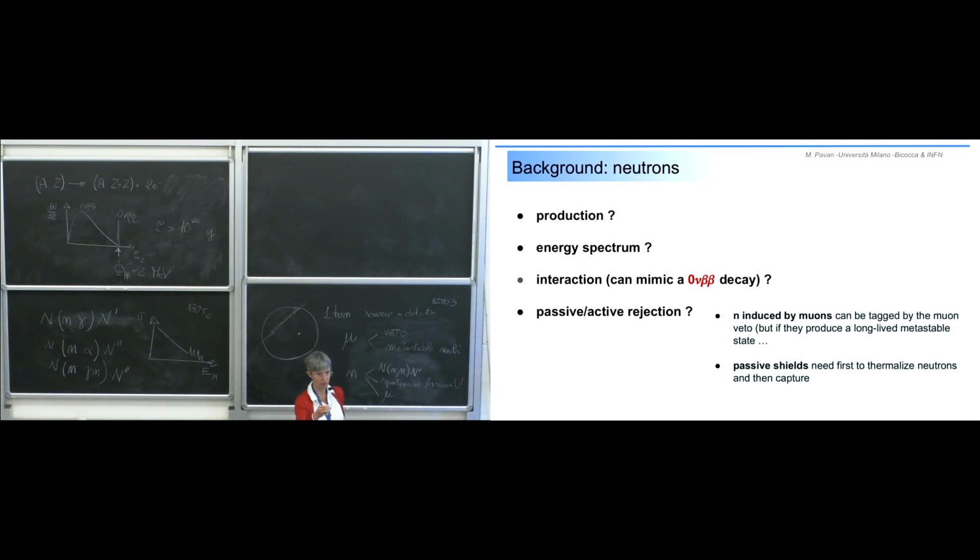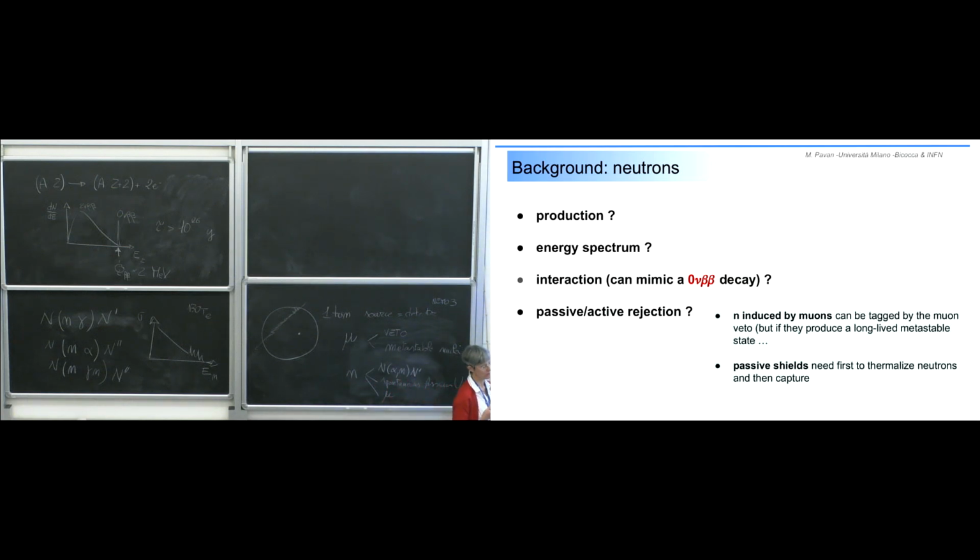We cannot track a neutron and say we have a neutron there at this time, and then open a gate, and for a while we do not accept events because they could have been produced by the neutrons.